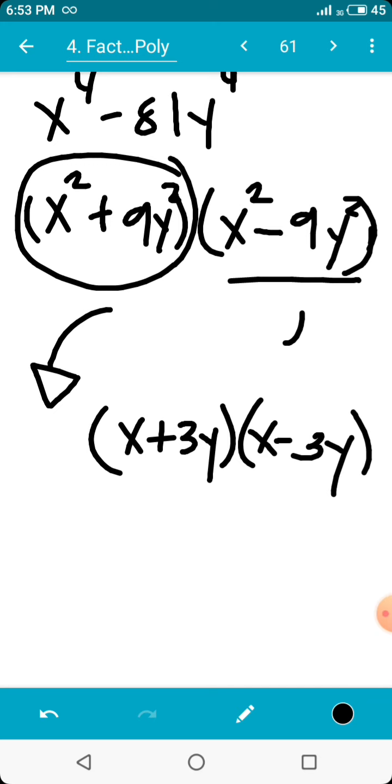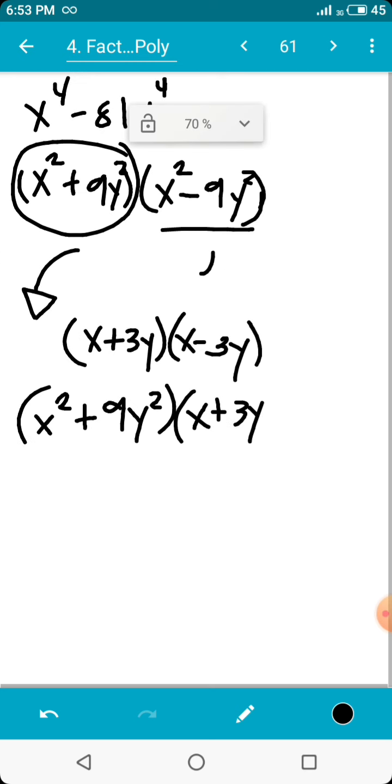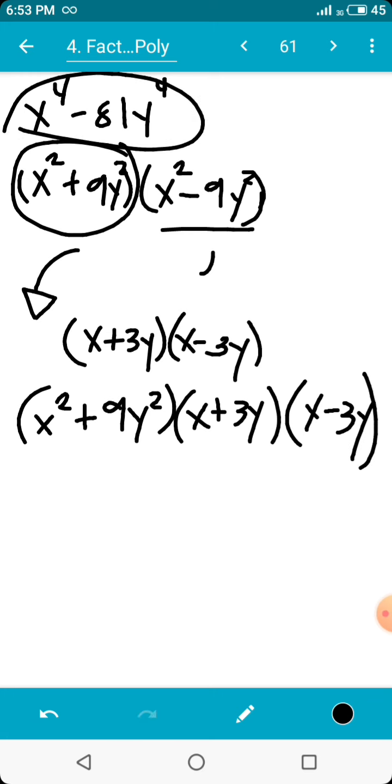So, the final answer now is x squared plus 9y squared and then x plus 3y and then x minus 3y. So, yan yung factors ng ating polynomials na x raised to 4 minus 81y raised to 4.